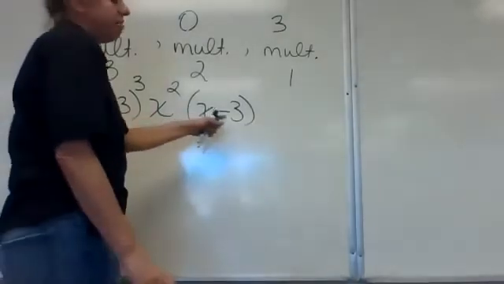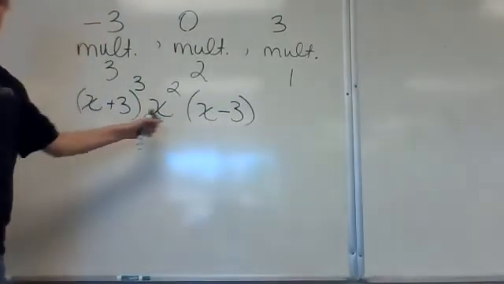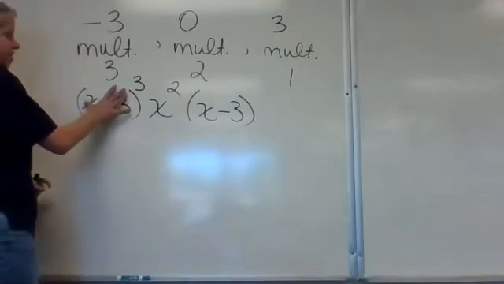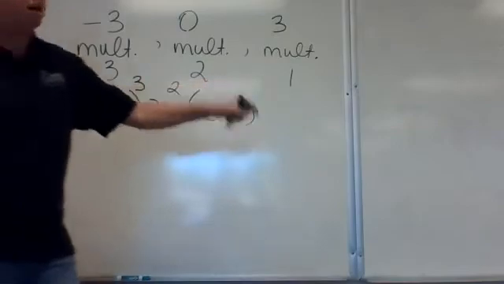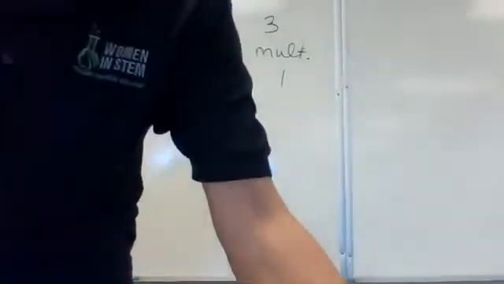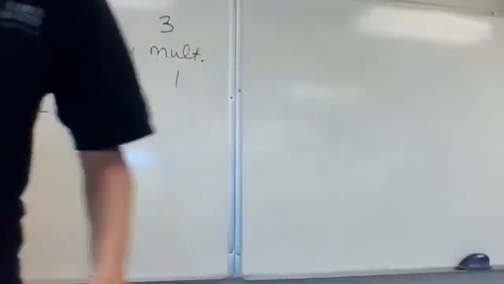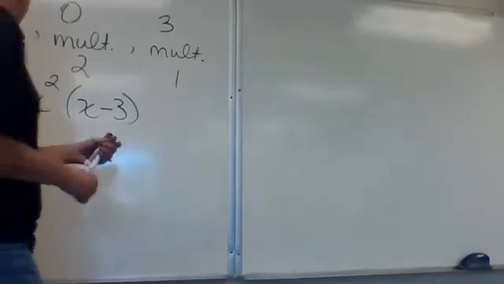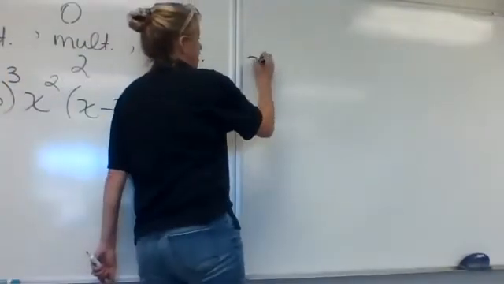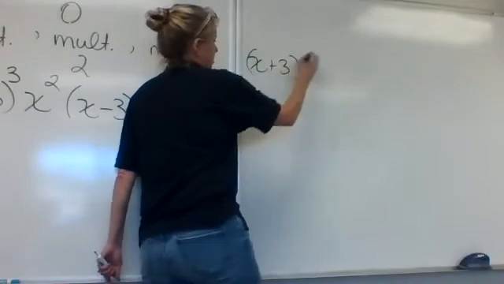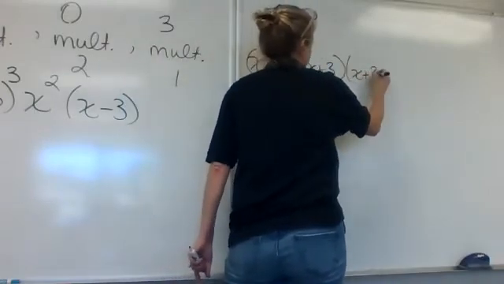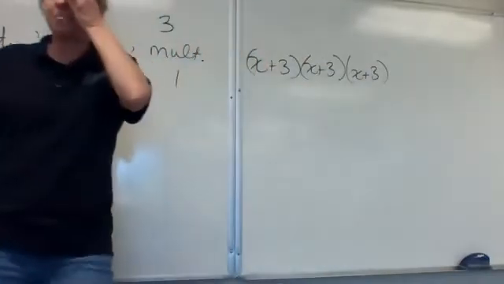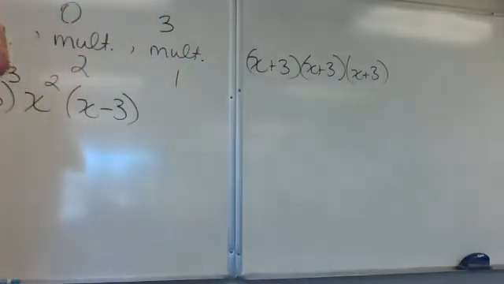So here's what I have to multiply together, okay? Which means the first thing I'm going to do is this x plus 3 to the 3rd power. I'm going to do it over here and then put it back over there. So x plus 3 to the 3rd means x plus 3 times itself 3 times.